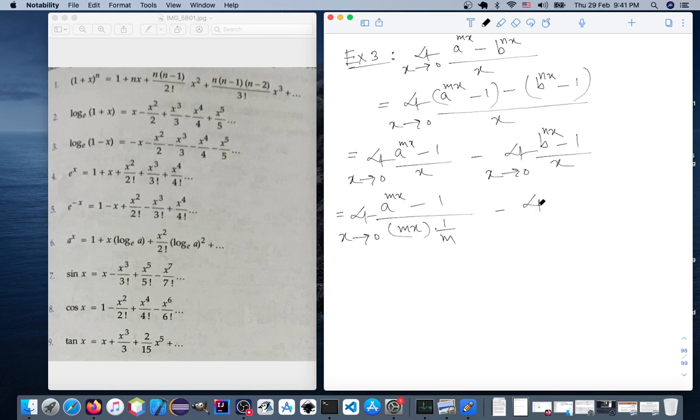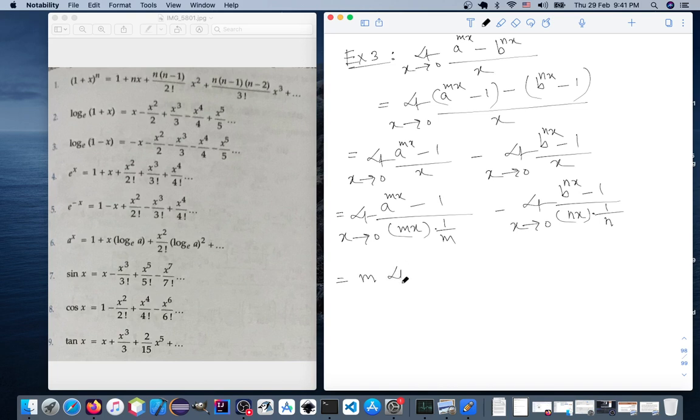And similarly over here we have b to the power nx, so we need nx, and then we adjust the n. So now 1 by m goes to the numerator, and it's a constant, so we can take it out.